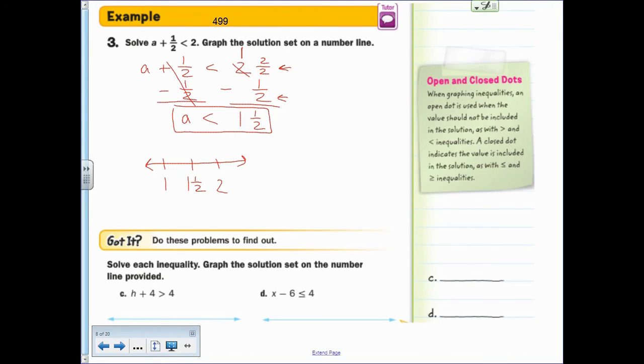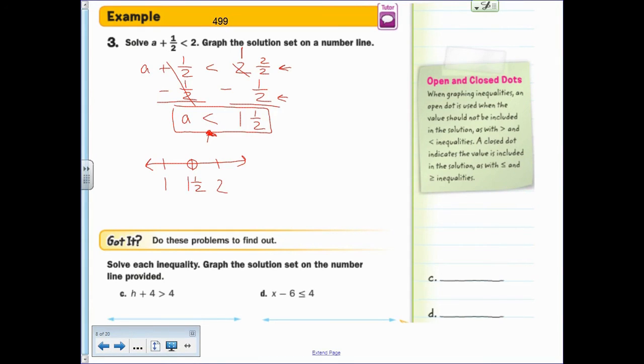Now, a is less than 1 1/2. Since there is no equal bar, that is going to be an open circle. And again, you can look back at example 1 to see when it's an open circle and when it's a closed circle. But no equal bar means open circle.